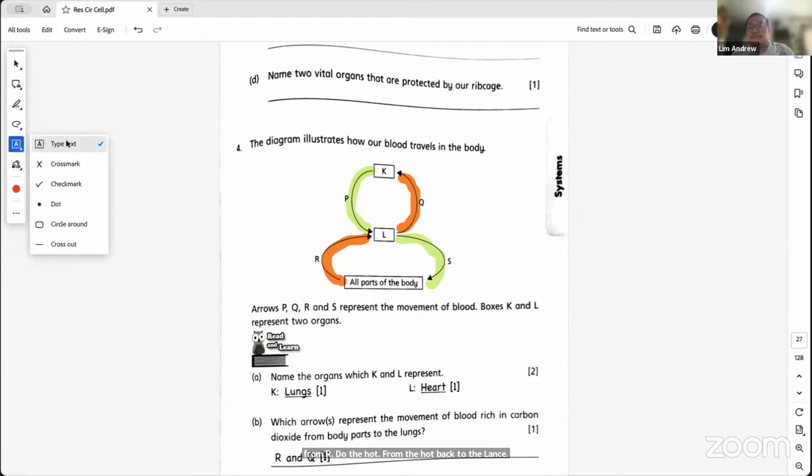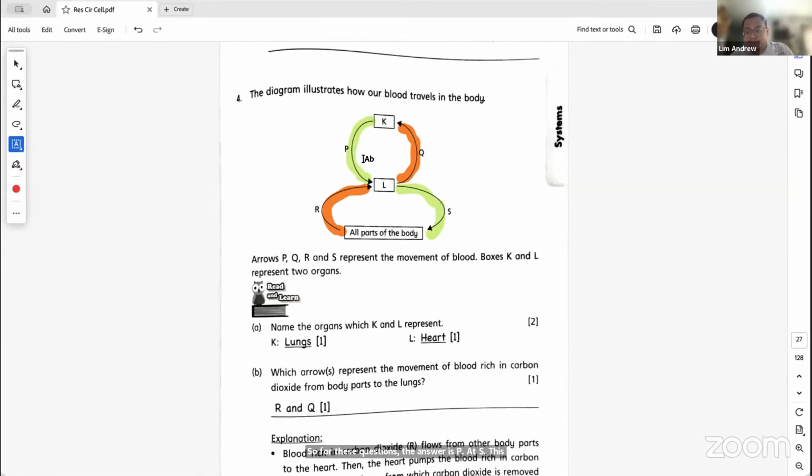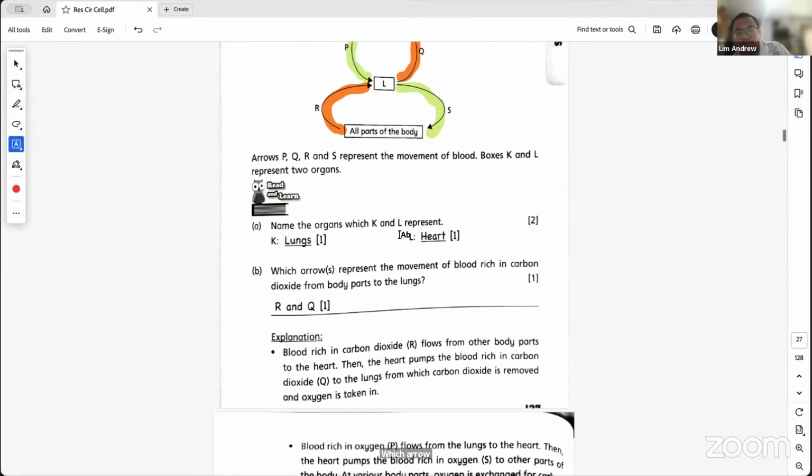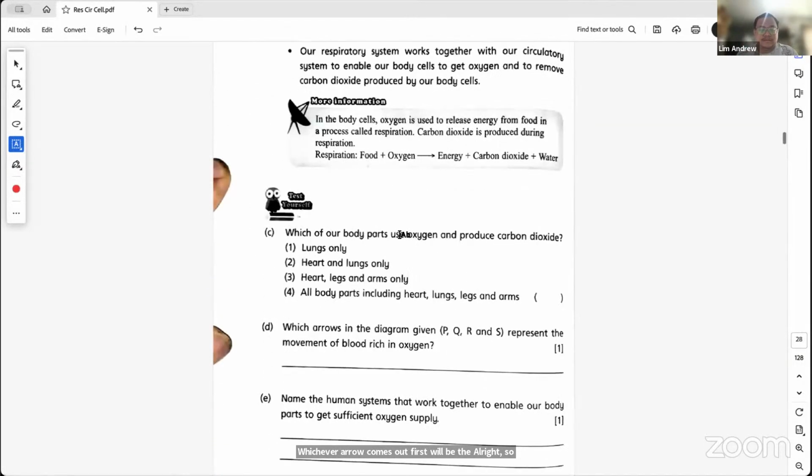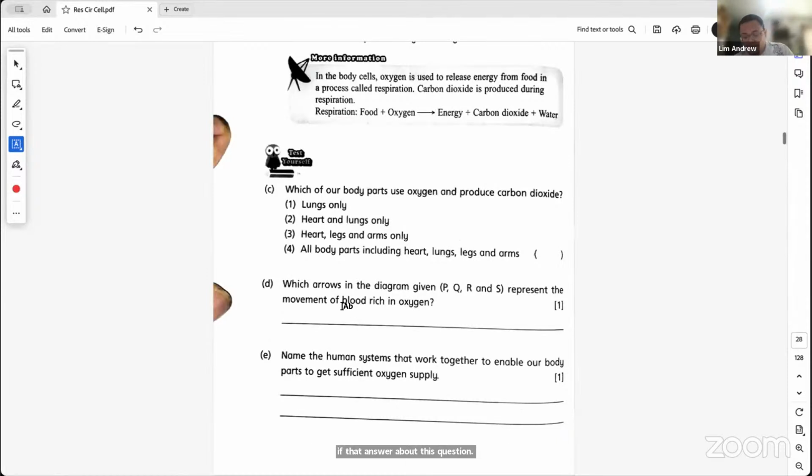So for this question, the answer is P and S. This diagram is very standard across all countries' papers. No matter which country you are in, the exam question for this topic will always be the same, whereby the lung will always be at the top, followed by the heart and all parts of the body. So remember, whichever arrow goes into the box will be known as the heart. Whichever arrow comes out first will be the lung. So the answer for this question is P and S.